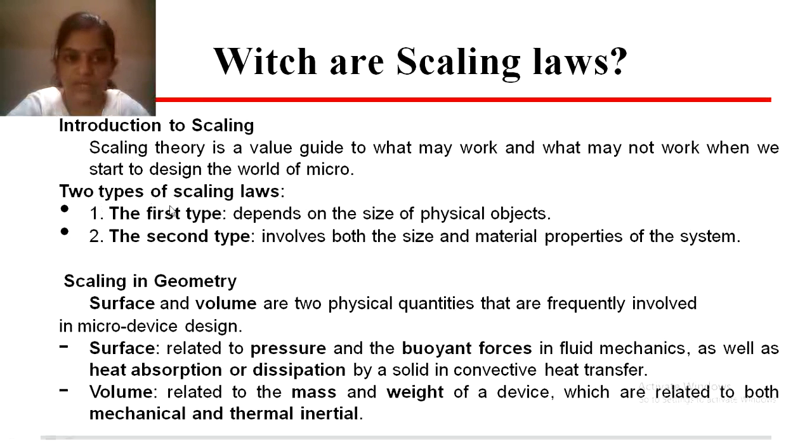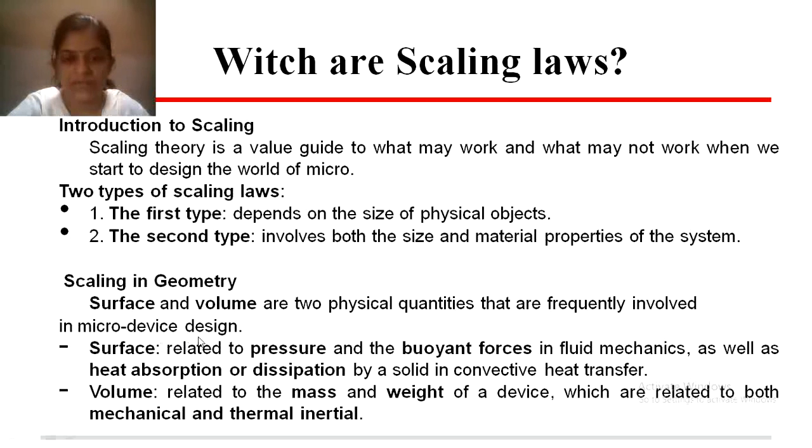There are two types of scaling laws. The first type depends on the size of the physical object, and the second type involves both size as well as the material properties of the system. So the scaling in geometry we have to consider when we design the world of micro.